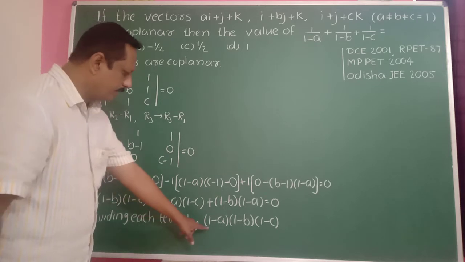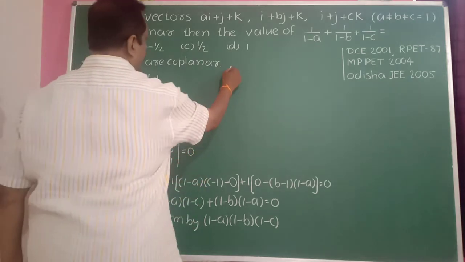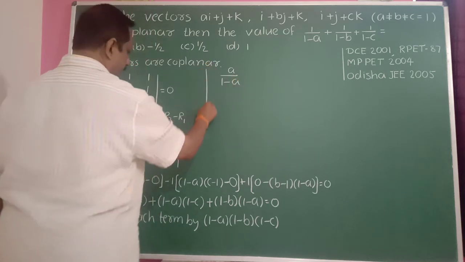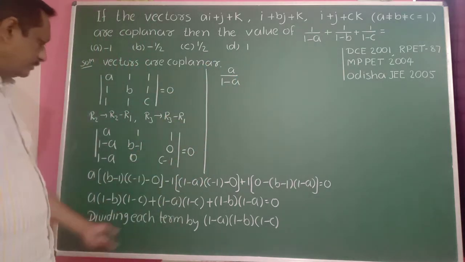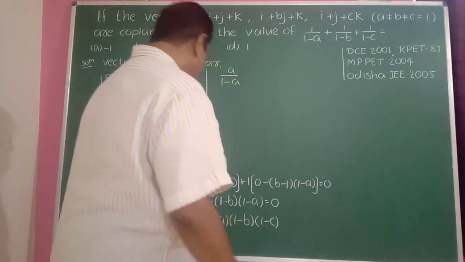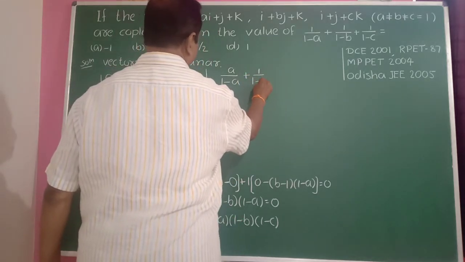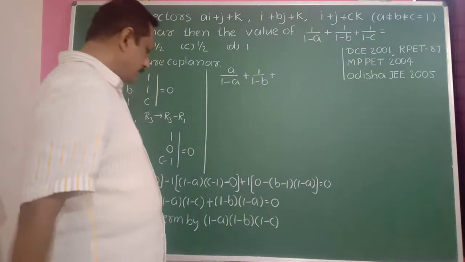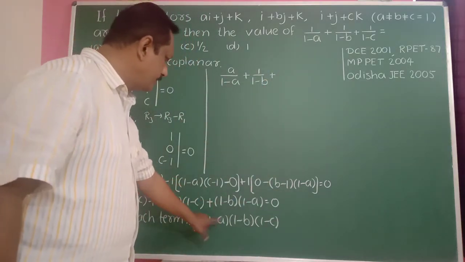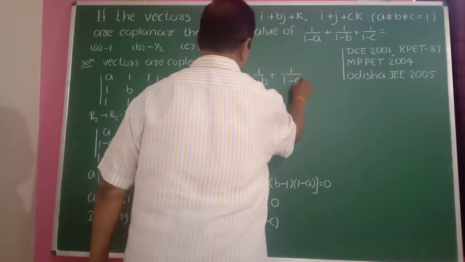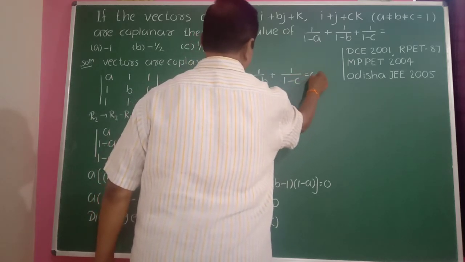A divided by (1 minus A) remains. Next, this term divided by this one: plus 1 divided by (1 minus B) plus, next, 1 divided by (1 minus C), that is equal to 0.